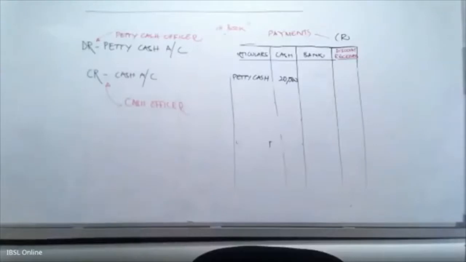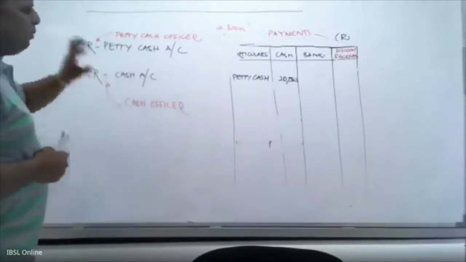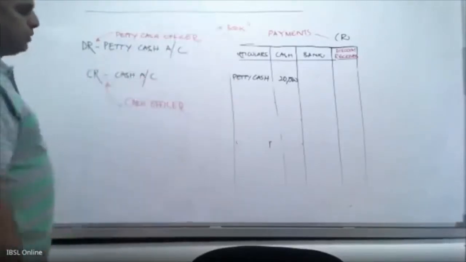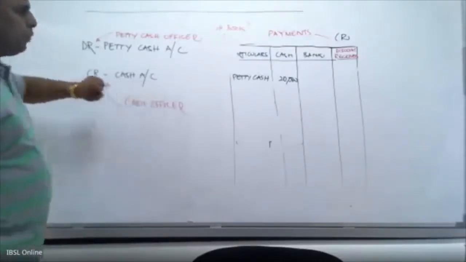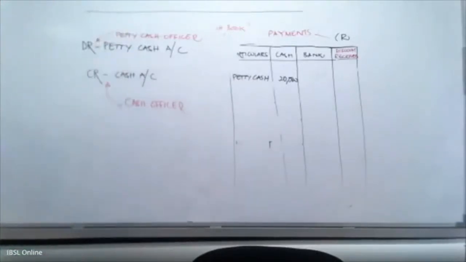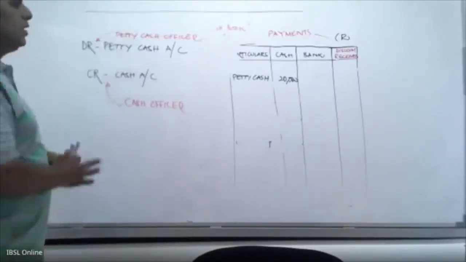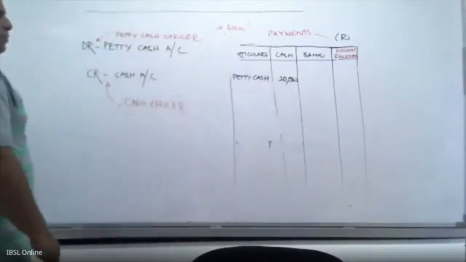This is more or less applicable to normal businesses, but banks also practice this, in a small nature. But normal companies do this at a greater scale. There will be a main person, the accountant or the cash officer, who is looking after the cash book of the business. But from the cash officer or the accountant, a smaller portion, like this 20,000, is taken and given to a person called the petty cash officer, who is going to handle the smaller transactions with this amount given to him.